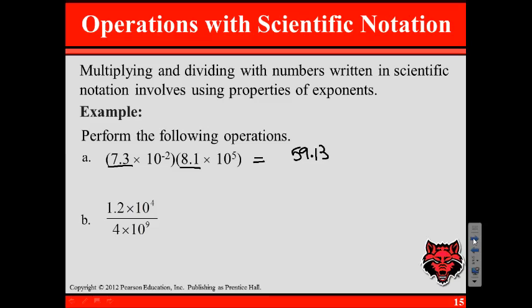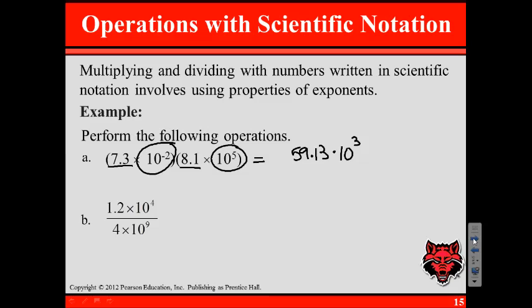Once we multiply the whole numbers, we will then add the exponents on 10. Remember, the property of exponents, if we were multiplying the same base, we added the exponents. So this becomes 59.13 times 10 to the third power. Negative 2 plus 5 is 3.